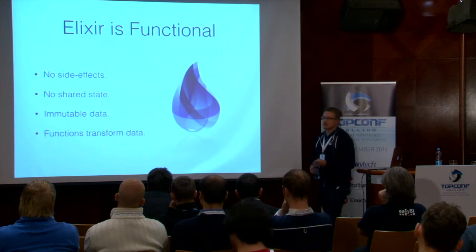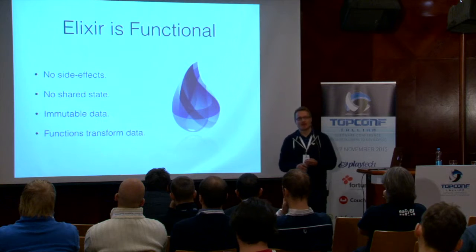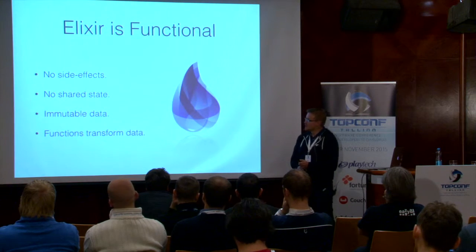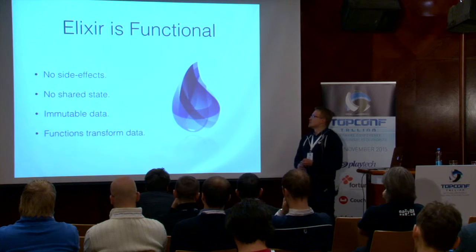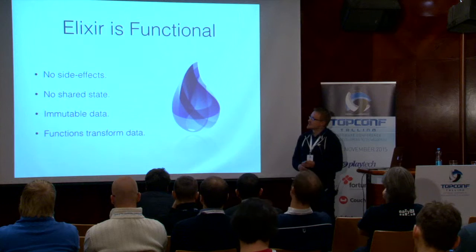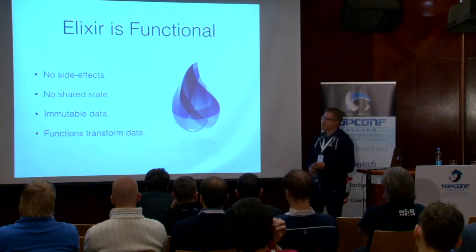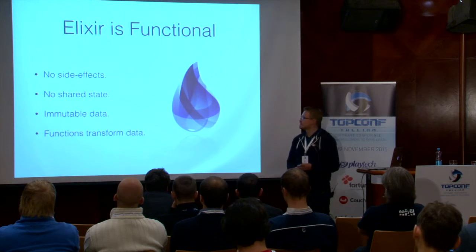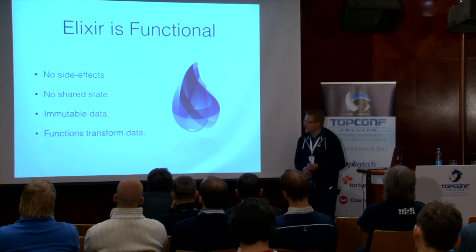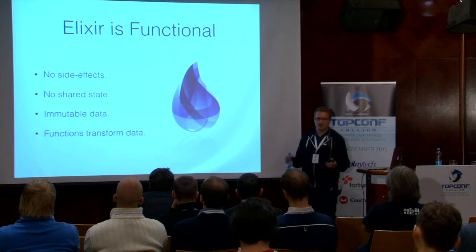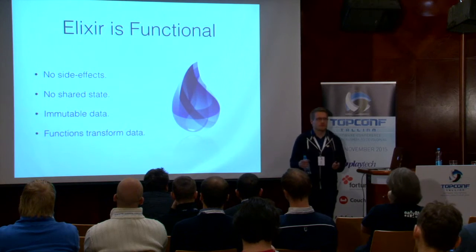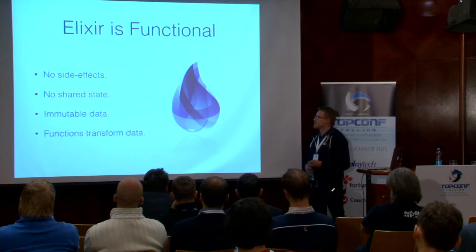Yeah, so Elixir is, like probably said already 10 times, a functional programming language. All those points apply to all functional programming languages. There are no side effects, absolutely no shared state. All the data is immutable, and the whole programming paradigm is about functions that are used to transform data.